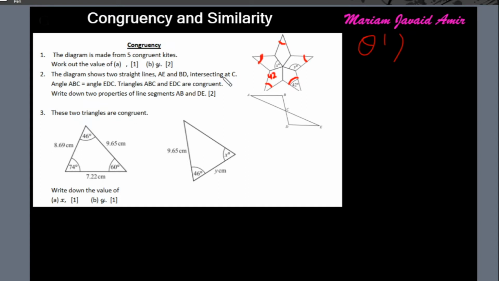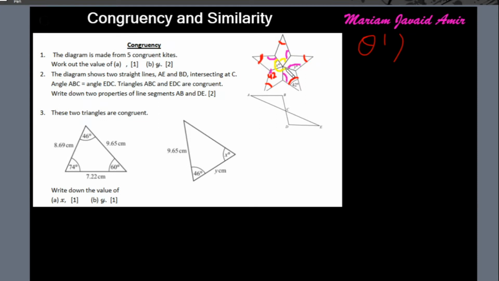Similarly, if this is y, then this is also y, and so on. And this is x, so this is also x, and so on.